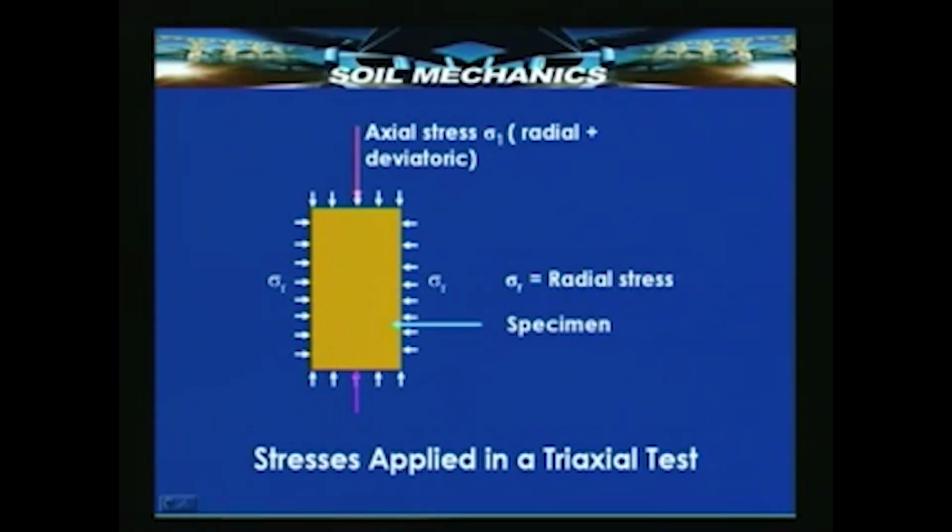Therefore, at the point of failure, we will have an all round pressure sigma r, which incidentally being water, also acts at the top and the bottom, and then this stress sigma r is increased by an amount known as the deviatoric stress, so as to get the total axial stress sigma 1 at the top and bottom at the time of failure.